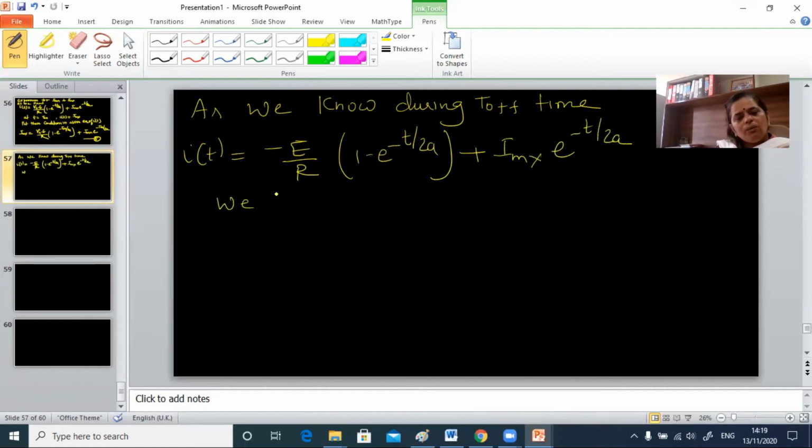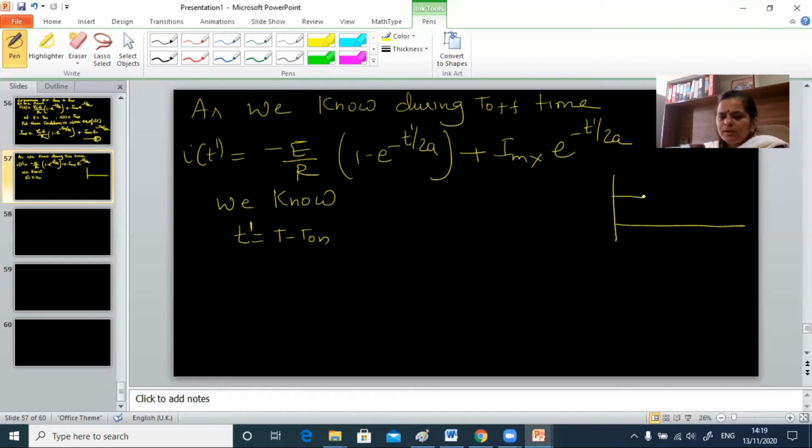Now we know that t' is equal to t minus TON. Why? Because you will get this kind of output voltage. This is turn on time, this is turn off time. So this is 0, this is TON, this is T.